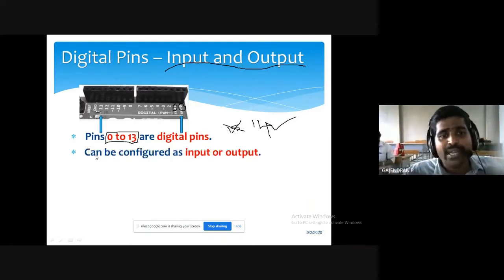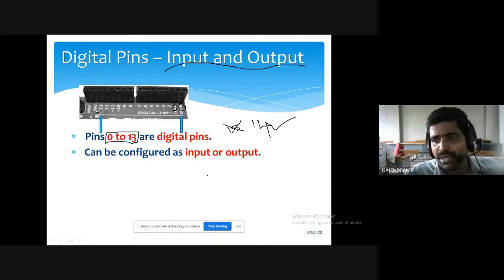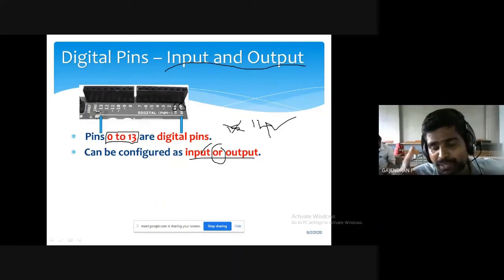Okay. By default, these particular pins I can configure as input or output. So every pin 0 to 13, I can make it either input or output. At a time I can't use a single individual pin as both input and output. It is not possible.